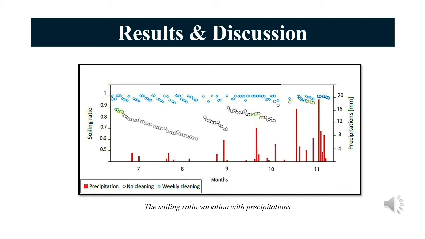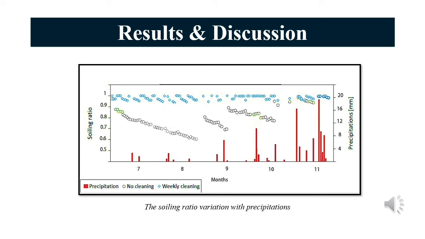In August to September, the soil ratio increased by 10% due to rainy days, which refers to an increase in electrical output. Then it starts to decrease linearly when no washing occurs. The daily average drop in soil ratio for the non-cleaned panel is about 0.13% from July to August.